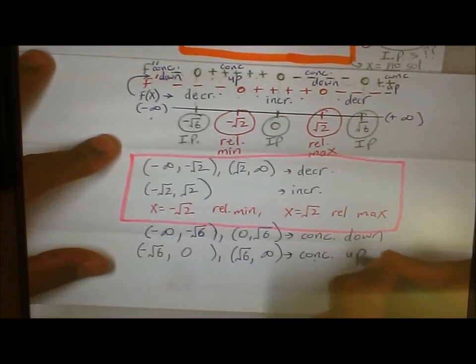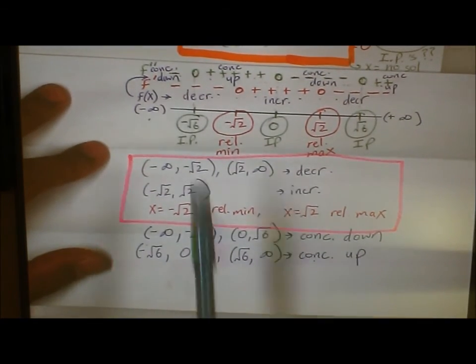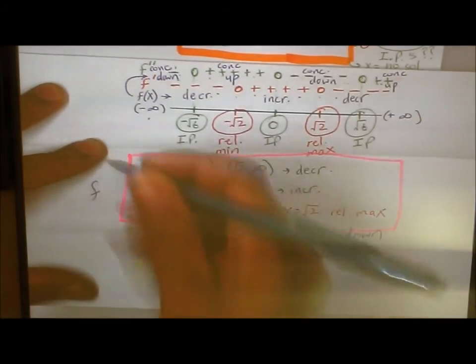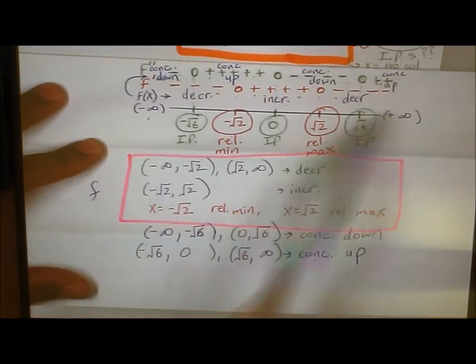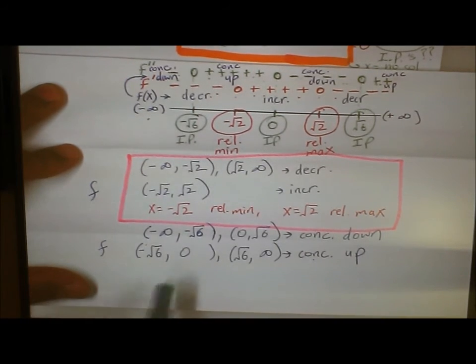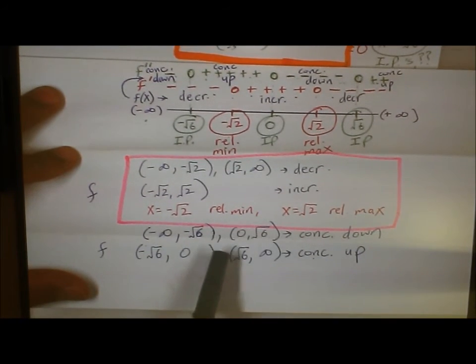f is concave up. I want you guys to realize that f prime gives you information about f. It describes f for you. And f double prime also describes f for you. Okay, so they're used to give you more information about f than you would have had with algebra.